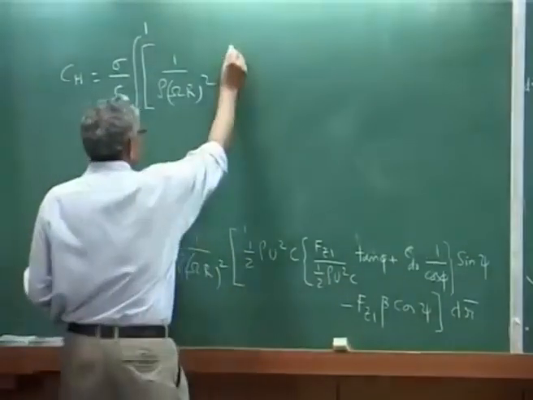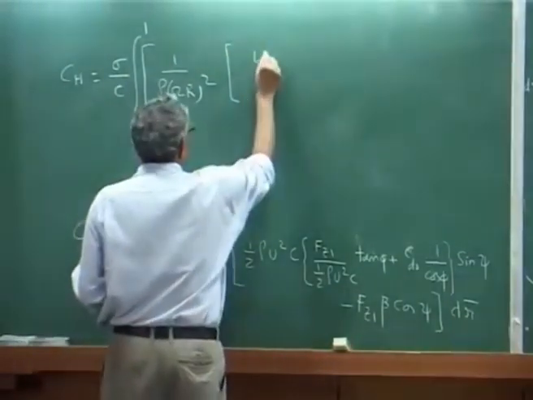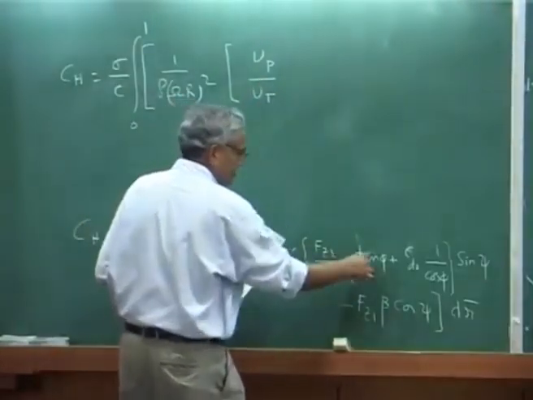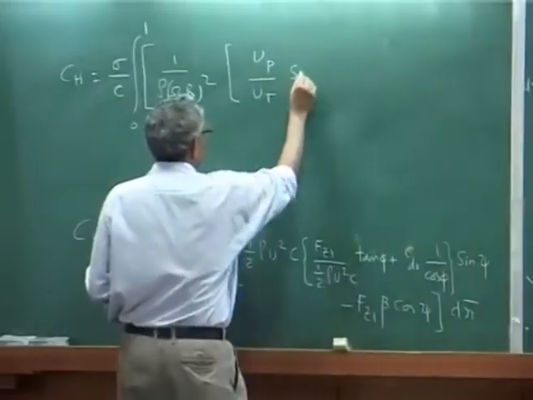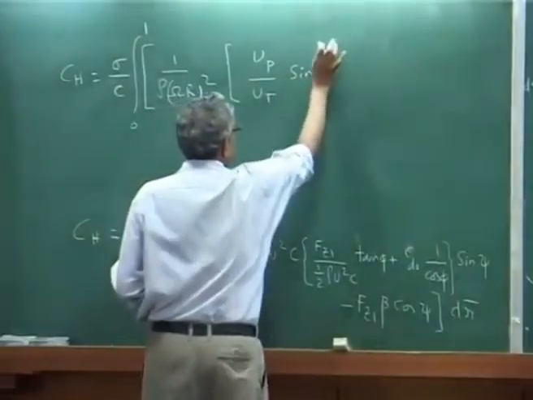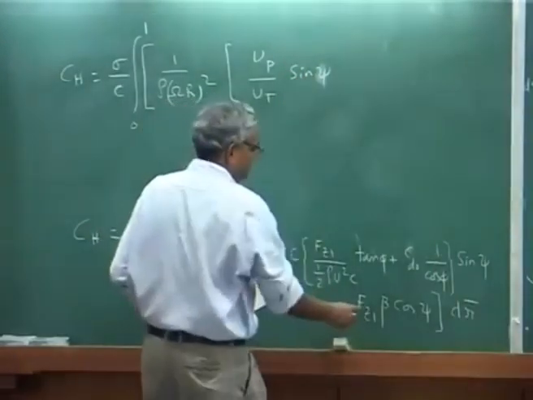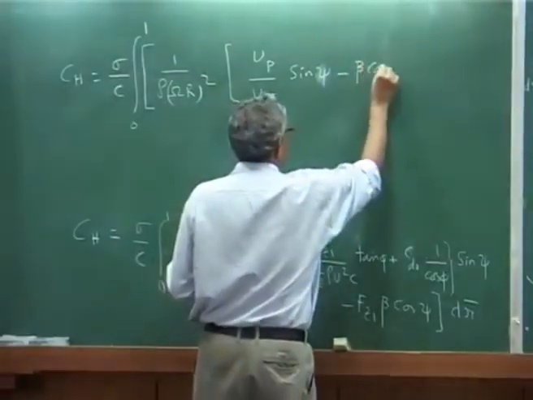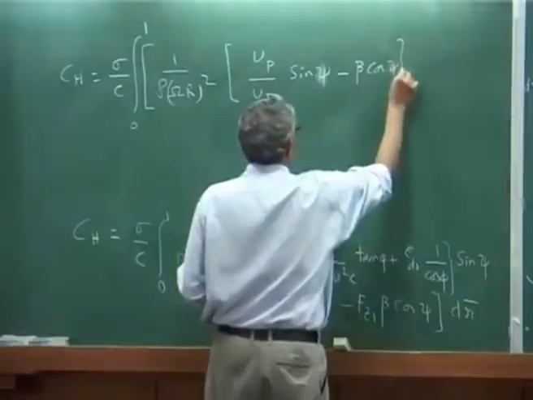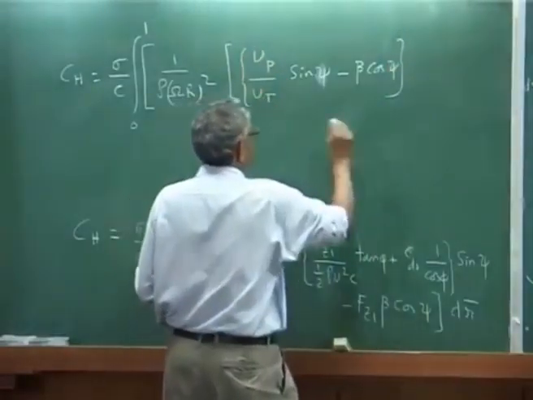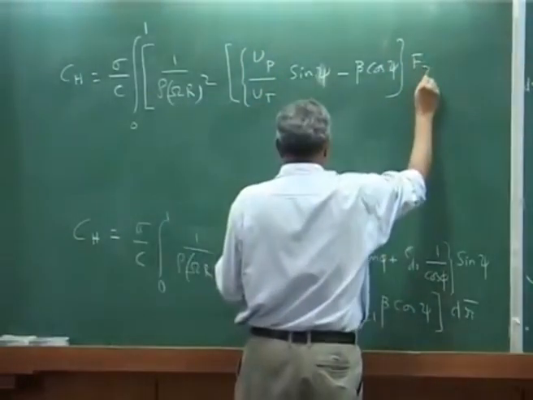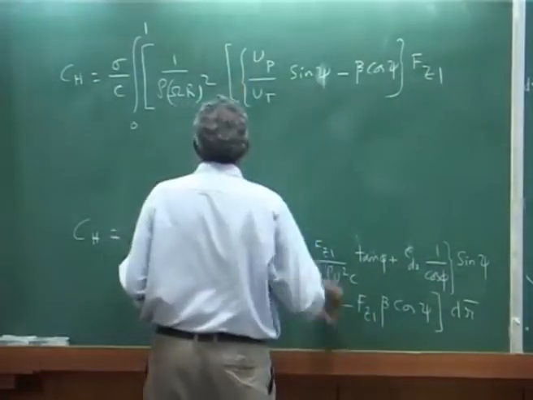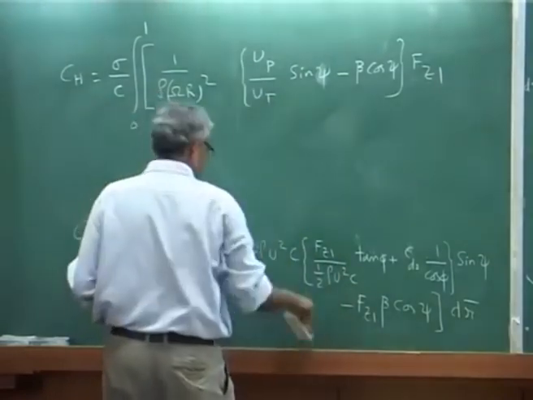I am going to write only the u p over u t sin psi, minus beta cosine psi. You take f z 1 out. Maybe this bracket is not necessary, I do not think I need this.